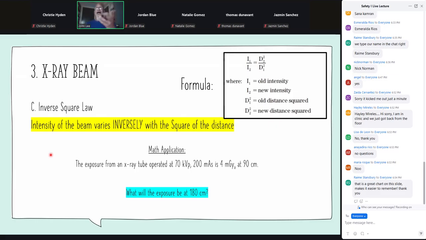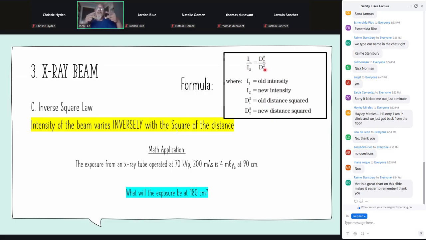So we have the formula up here, I sub 1 over I sub 2, I, of course, standing for intensity, is equal to d sub 2 over d sub 1. Now, you can write this where I sub 2 is over I sub 1 as long as d sub 1 is over d sub 2.